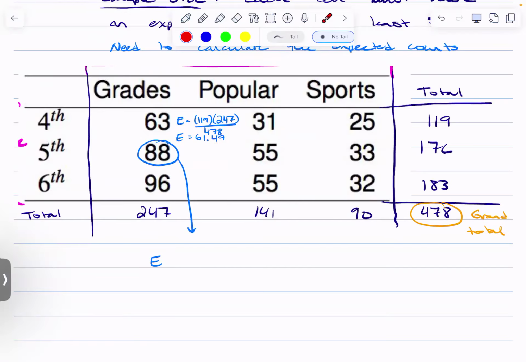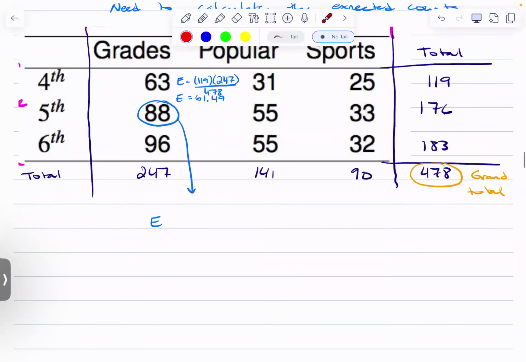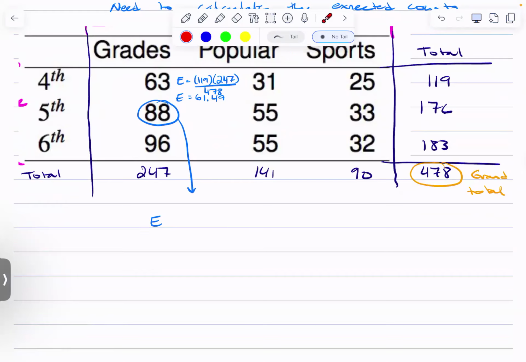So that's what we're going to do for each of these cells, but that's what the chi-squared test statistic does for us: it determines if it's a weird number or not. Now for this 88, my row total is 176. My column total is still 247.